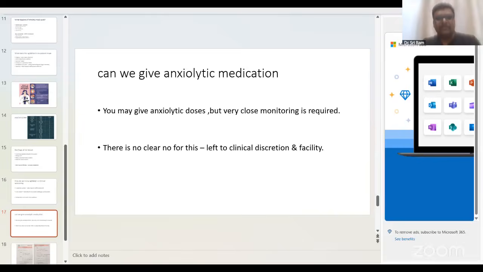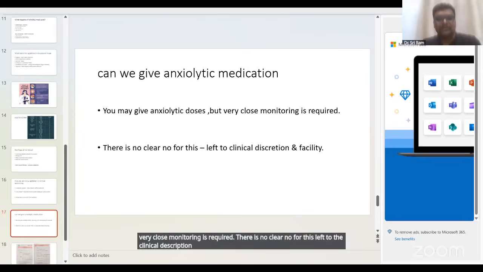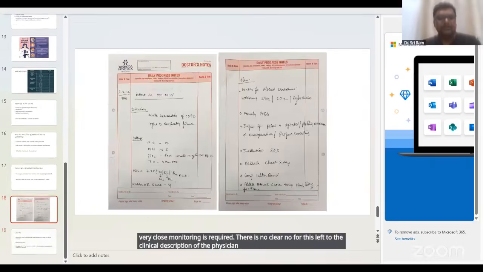When we give an anxiolytic medication, you may give anxiolytic doses, but very close monitoring is required. There is no clear guidance for this, and it is left to the clinical discretion of the physician.